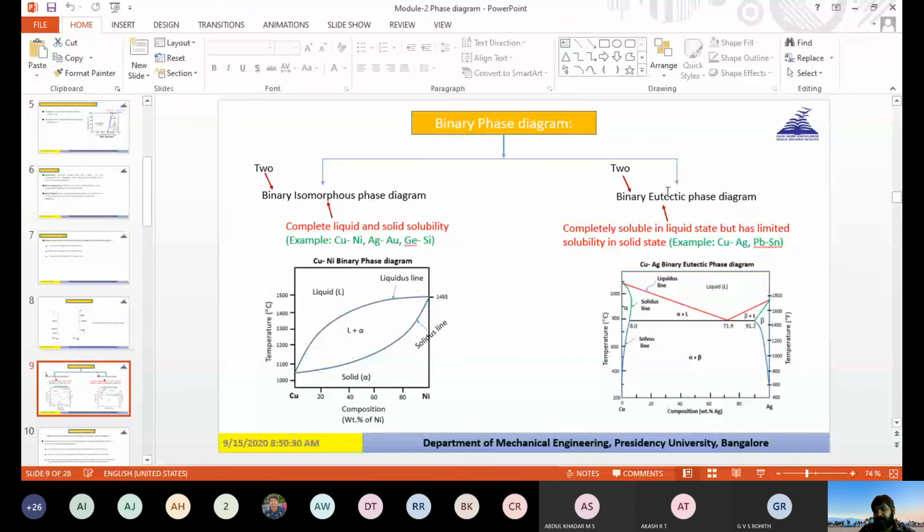That's why the word eutectic is there. The binary eutectic phase diagram will look like this. We will study this eutectic phase diagram in detail when we come to the eutectic phase diagram lecture. In the coming lectures, our main focus will be on the binary isomorphous phase diagram.